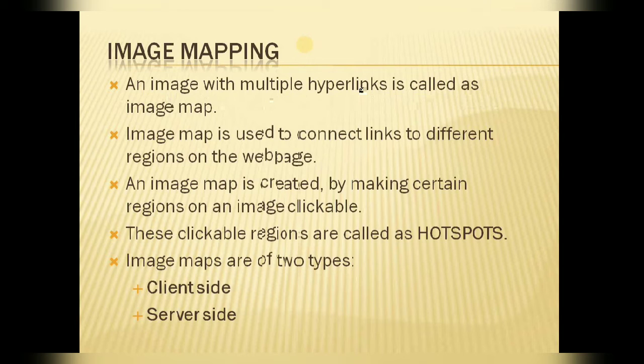I should write that here. 250, comma 100. These are the coordinates of the center, xy coordinates of the center, comma. The third coordinate we need is the radius. To find the radius, take your mouse pointer to any point on the circle.